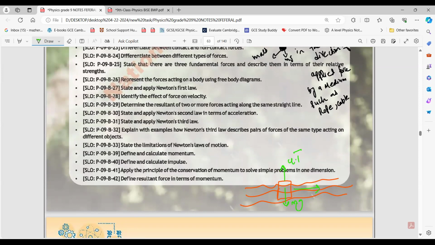Upthrust. This is the motion or applied force. And in the opposite direction of motion is the drag force. It is a resistive force which would tend to stop the object. Whenever there is motion, there would be some resistance offered by the medium in which that object is moved. Clear?